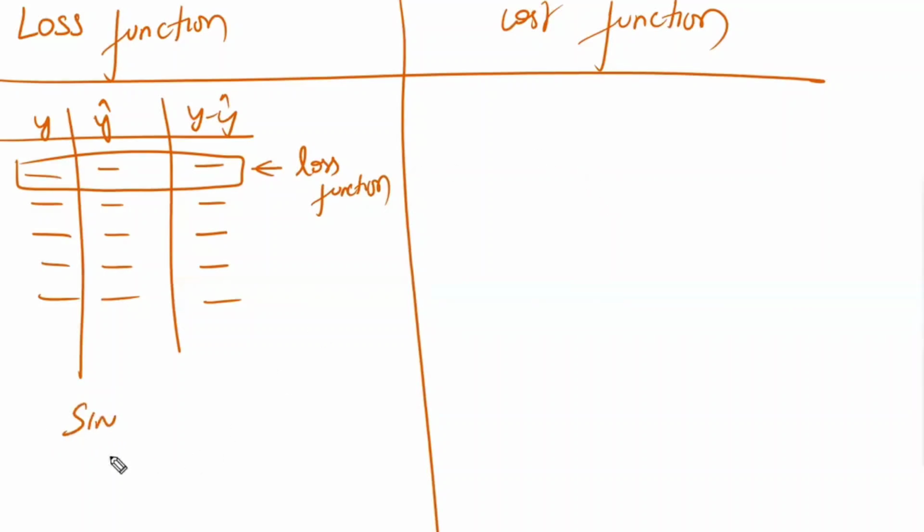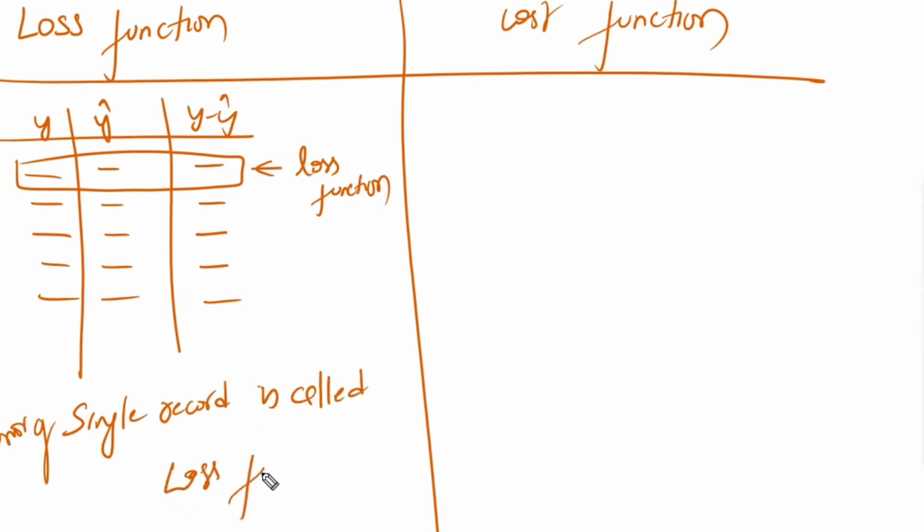Overall records error means nothing but MSE, mean square error. Overall means mean, right? We have to go with the mean.